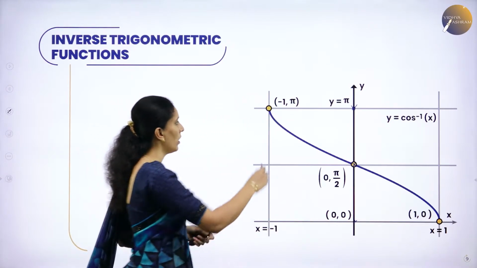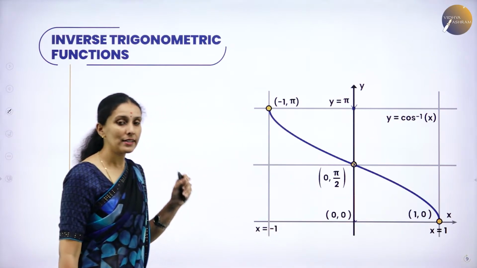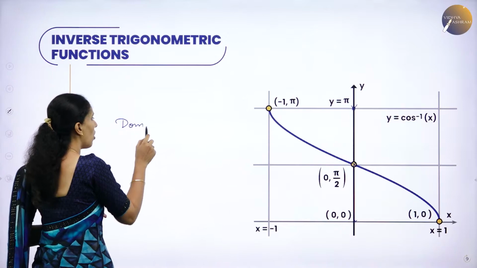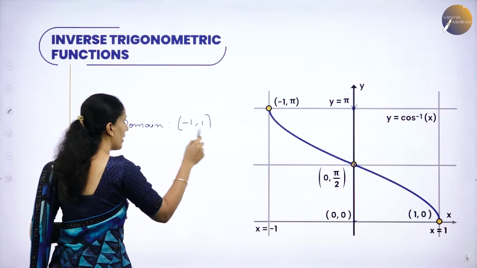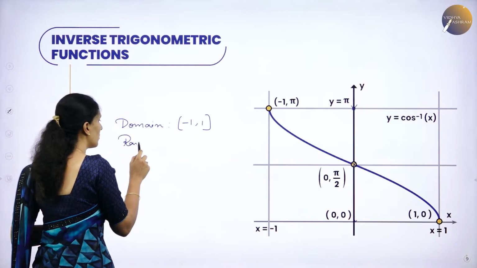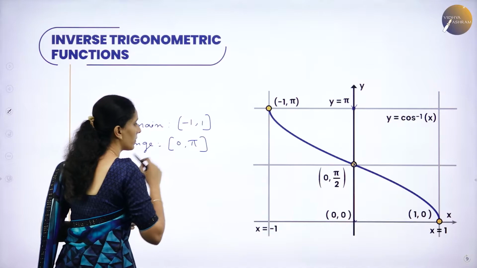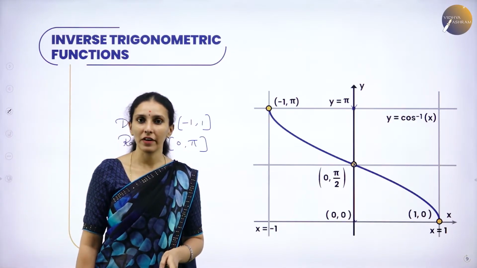So this is how the graph of the cosine function exists, and thus the domain of the cos inverse function is again from minus 1 comma 1 and the range is 0 comma pi. So this is the domain, range and graph of the cosine function.